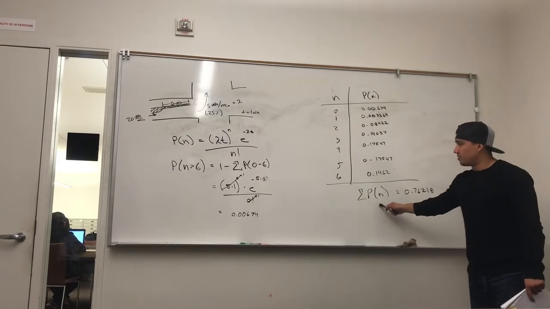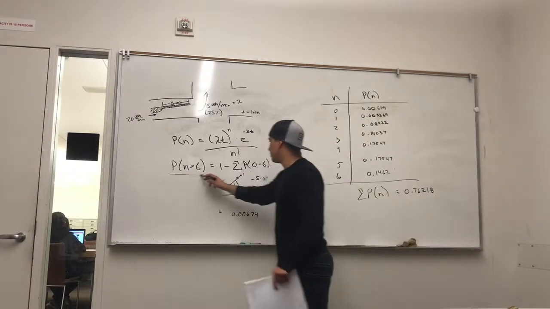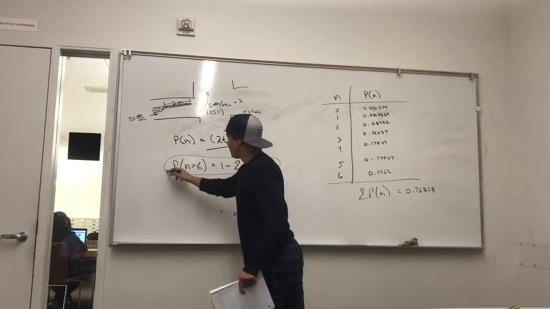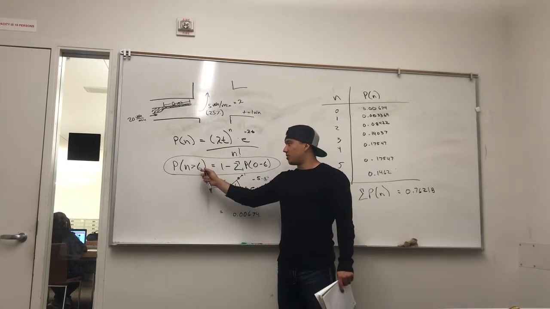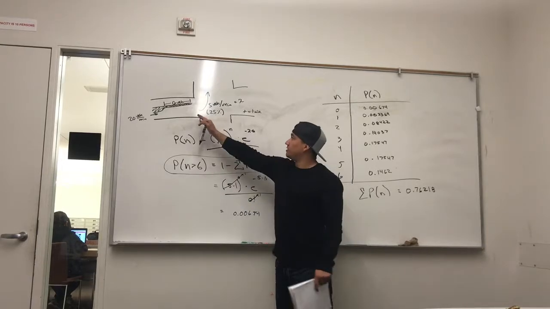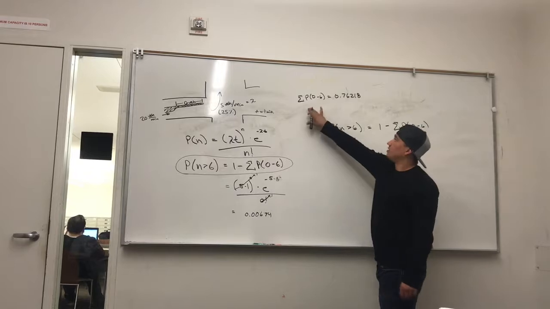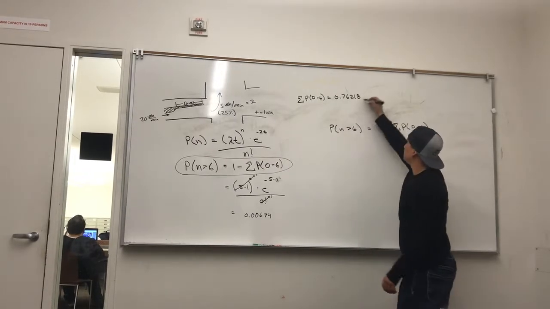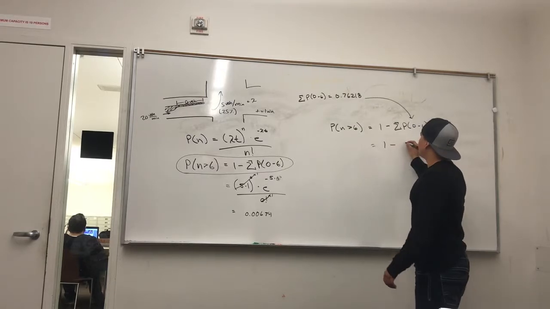Now that we have the sum, we could plug back in to this formula to find the probability of more than 6 cars coming into the left turning bay.